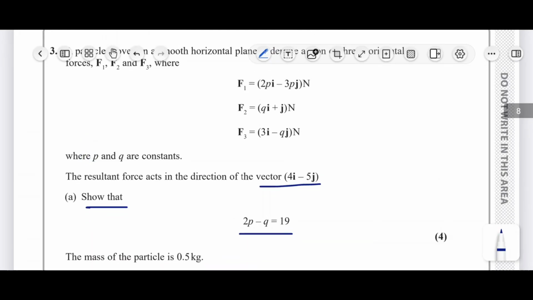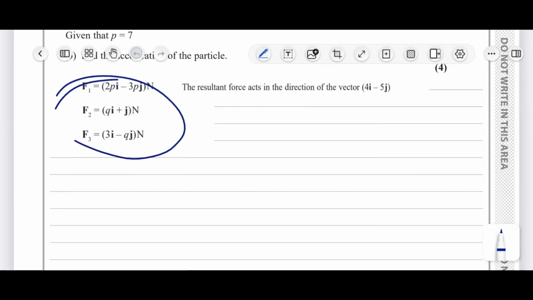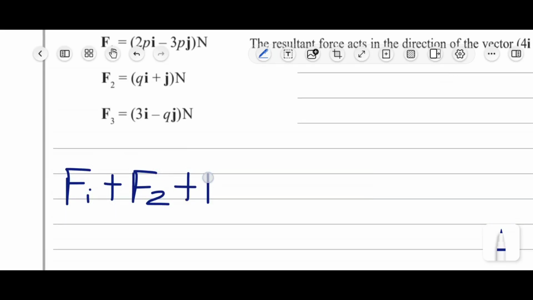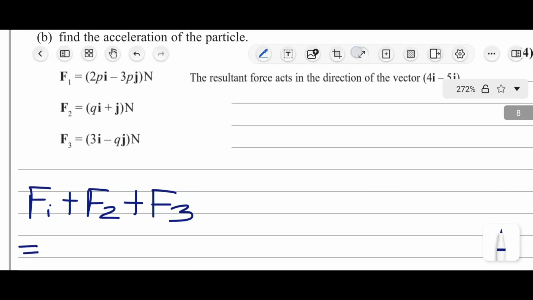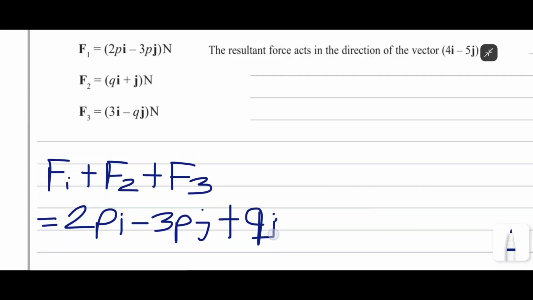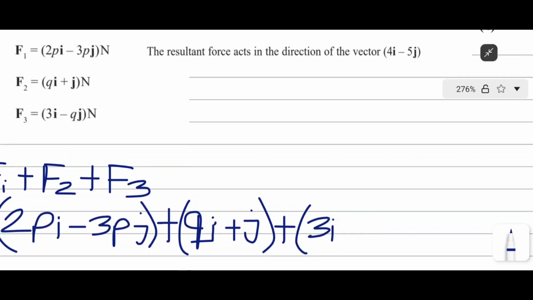Okay, so first of all, you have to add up all these forces together. Here are the forces. So if I write F1 plus F2 plus F3, and add all the forces, we get 2p i minus 3p j plus q i plus j plus 3i minus q j.